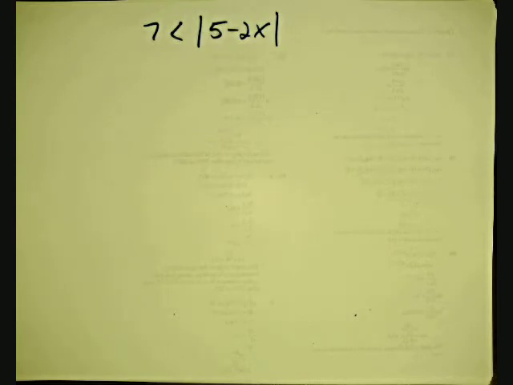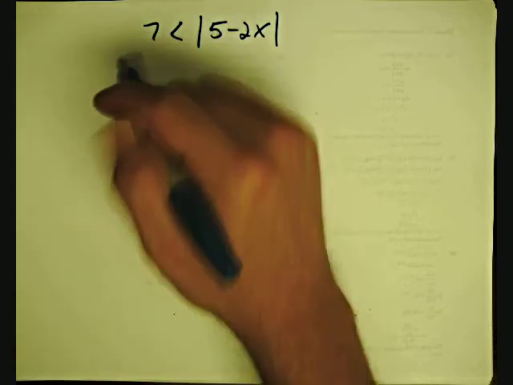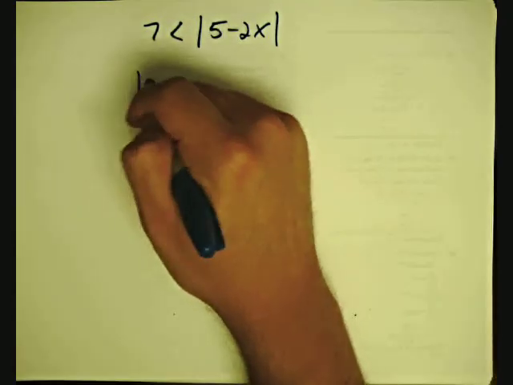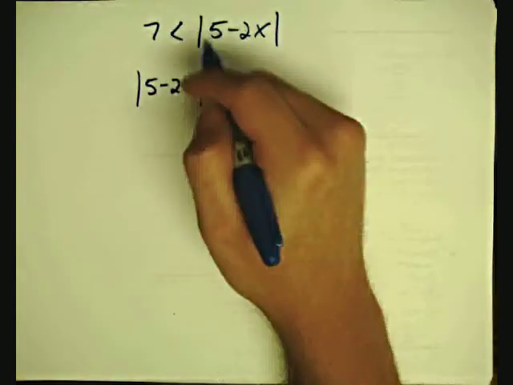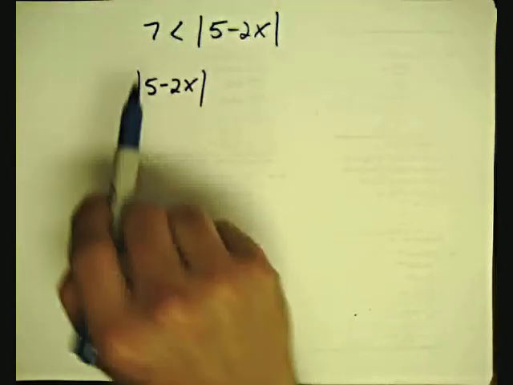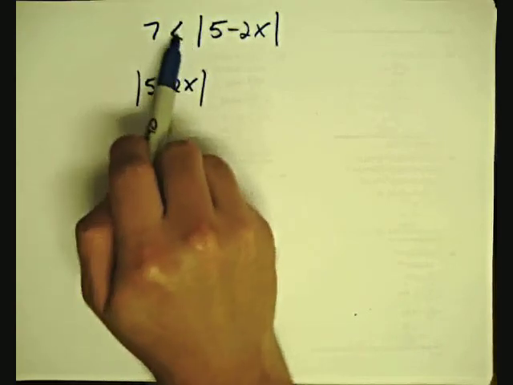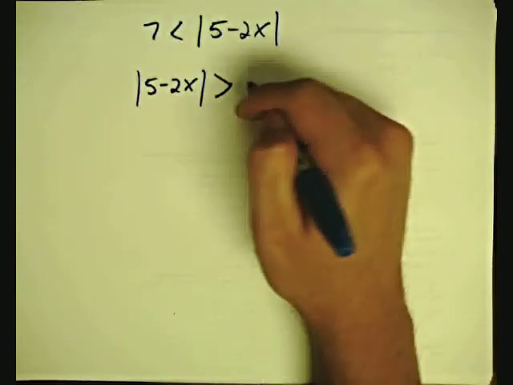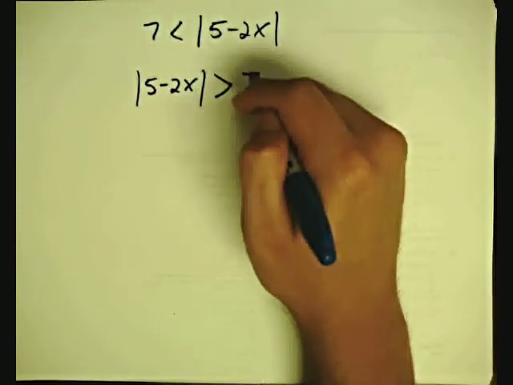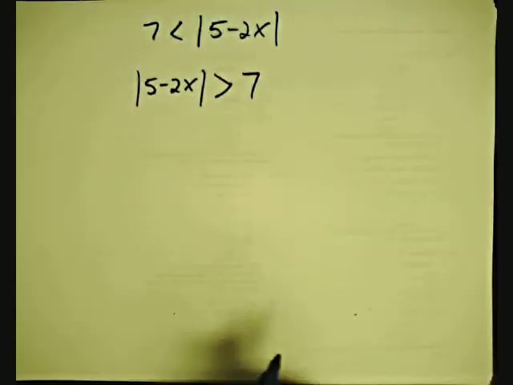So rather than having 5 minus 2x on the left, let's put it on the right. And if we do that, make sure that your inequality symbol is still matching. Okay, so alligator's eating 5 minus 2x, so it should still be eating 5 minus 2x when we flip the direction.